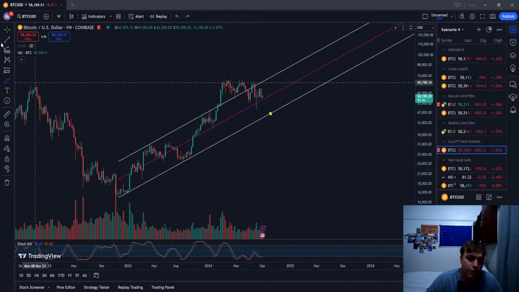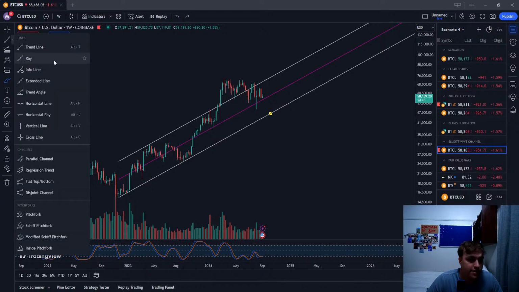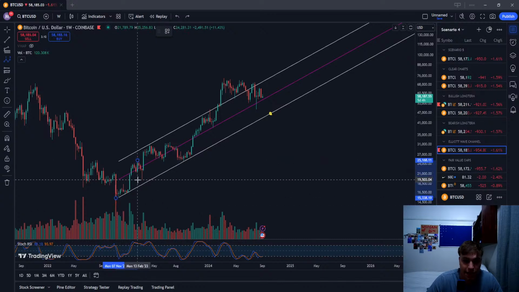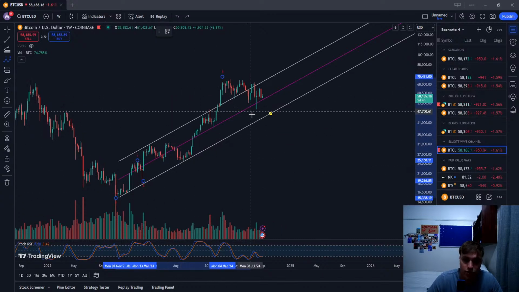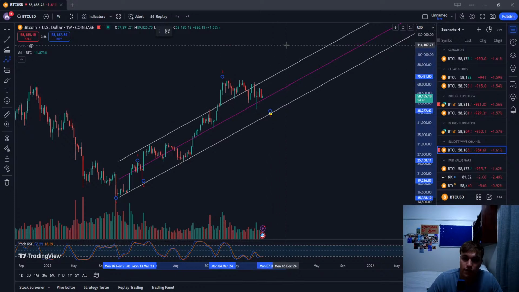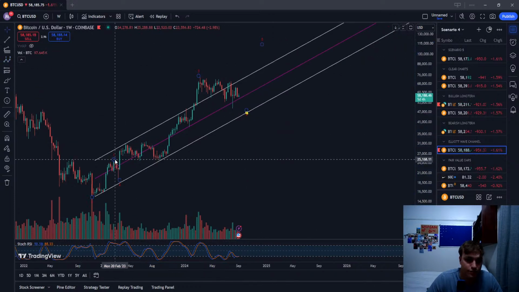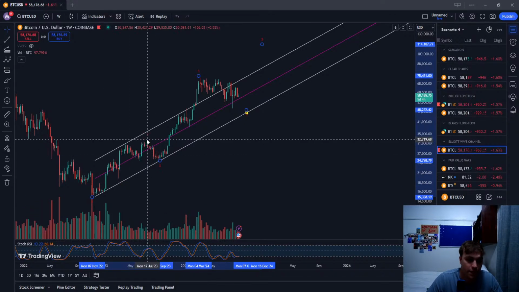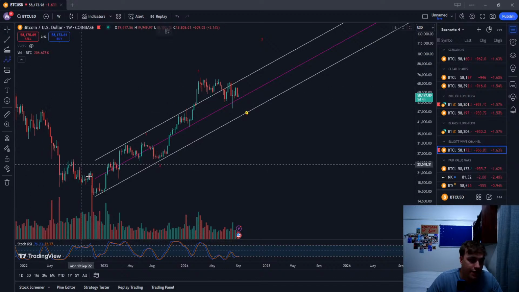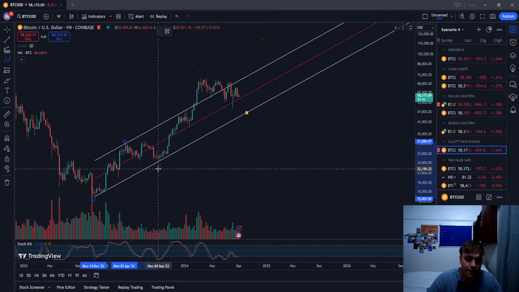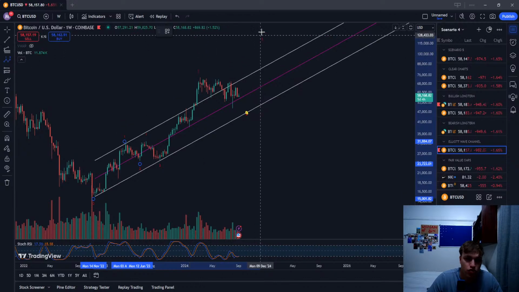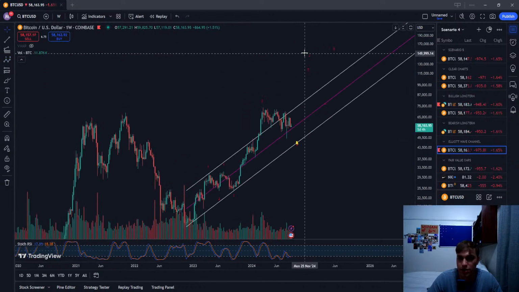If we look at this channel now, let's actually draw some nice lines here. So something like a 1, 2, 3, 4, 5, 1, 2 here, something like this, and then a 1, 2, 3, 4, 5, yeah, something along these lines.